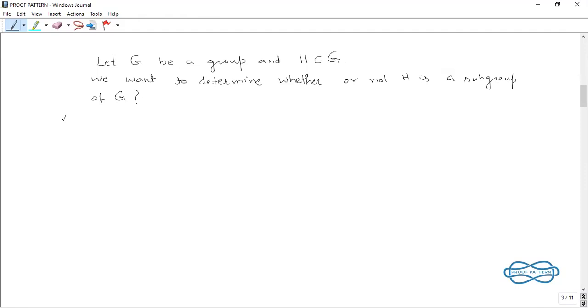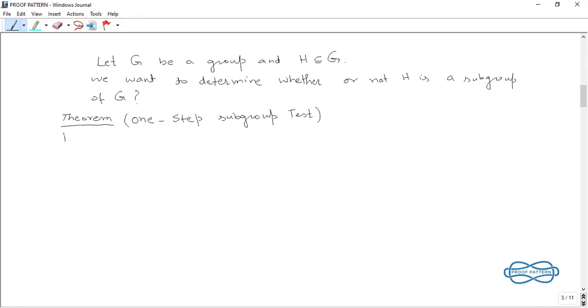So there is an important theorem which is called the one-step subgroup test.